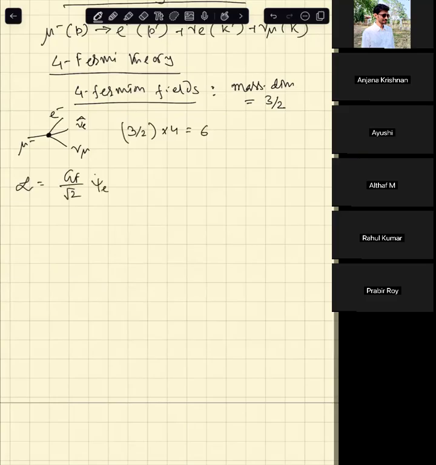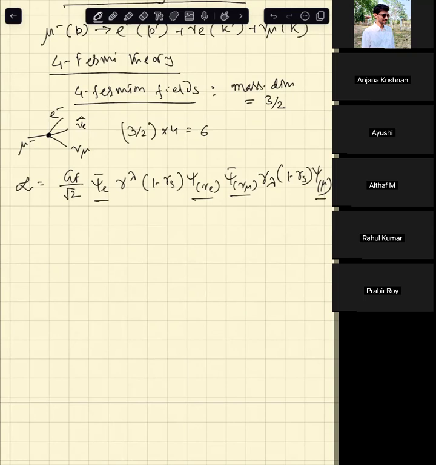So you have an electron field, and then you have a 1 minus gamma 5, you have 2 currents there, and then you have a muon neutrino field gamma lambda, 1 minus gamma 5, psi mu. So these are basically these 4 quantum fields which are representing these particles.